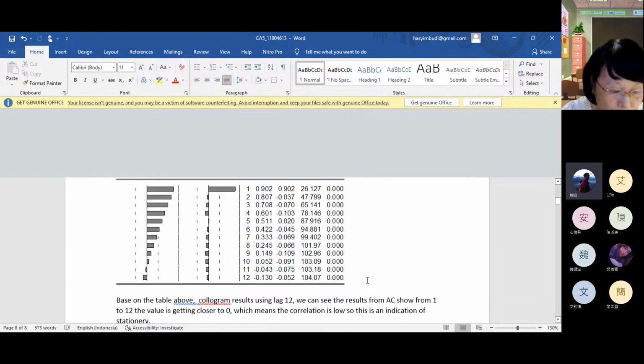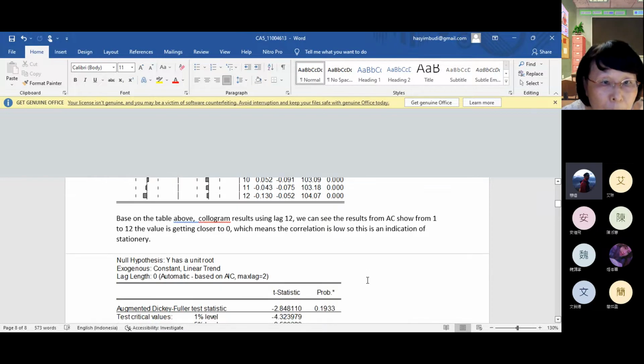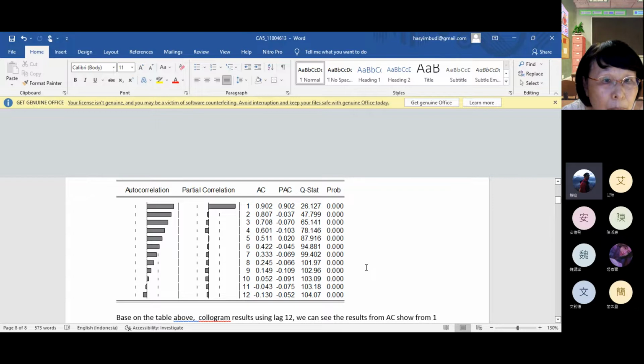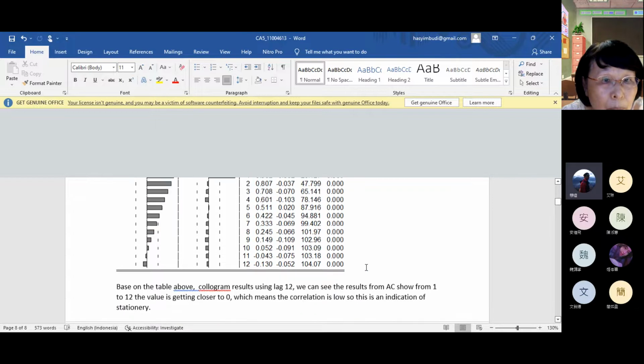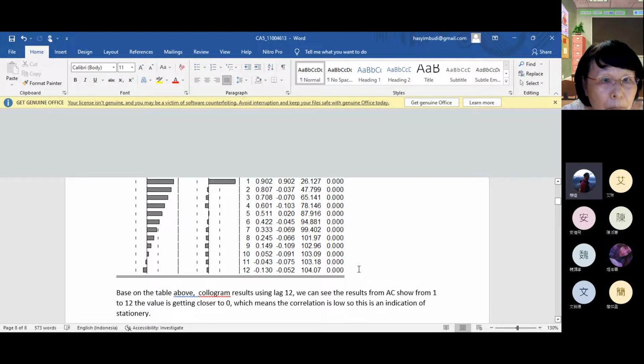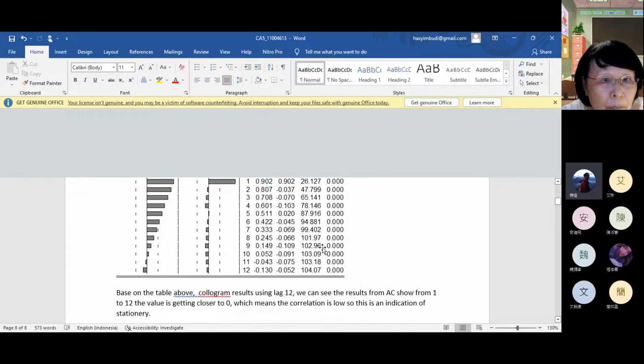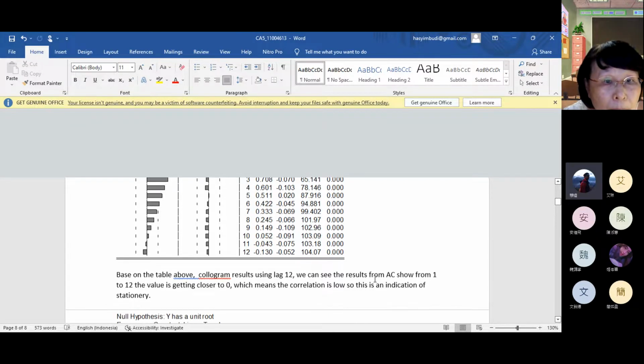And then when I use the correlogram, I see the autocorrelation from lag 1 until 12 is getting closer to 0, which means the correlation is low. So this is an indication of stationary.